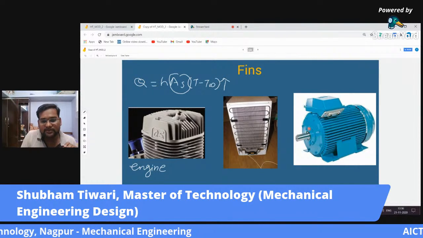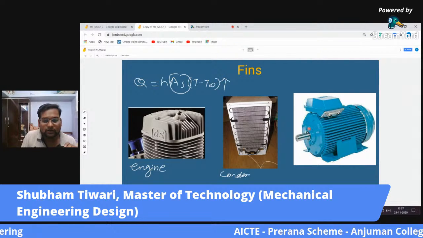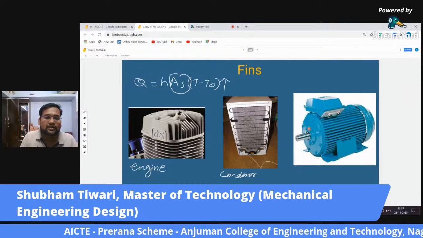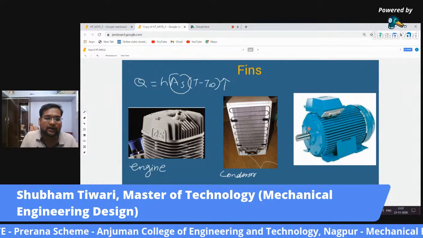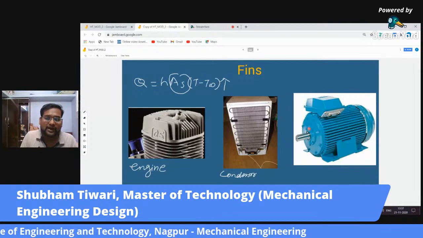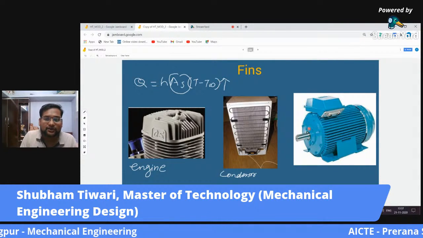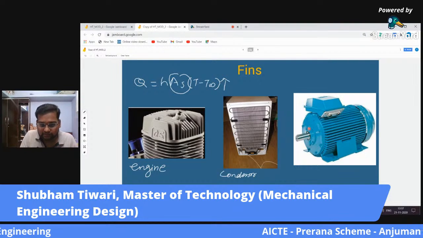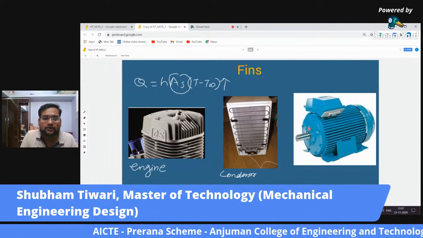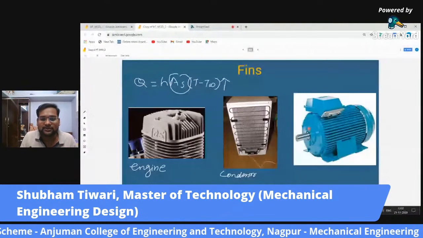Similarly, here you can see the condenser of a refrigerator with fins. So what happens here is, as the hot refrigerant flows through this pipe, the fins help it lose its heat by means of convection.